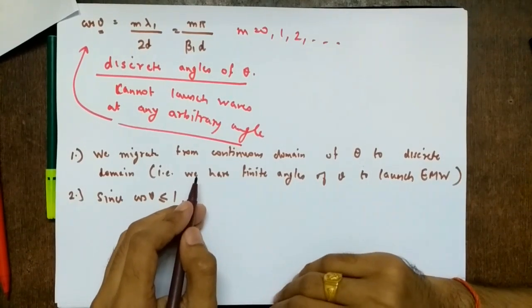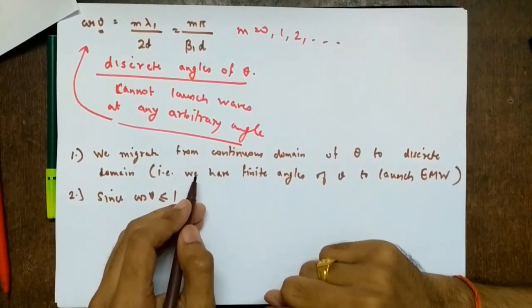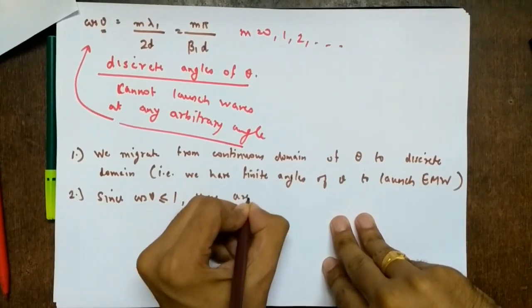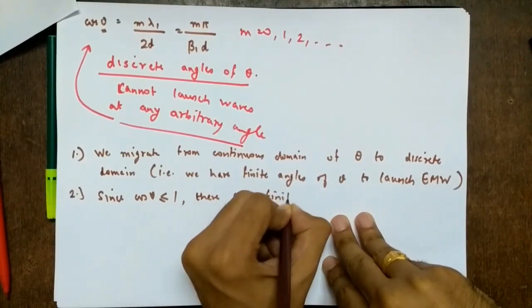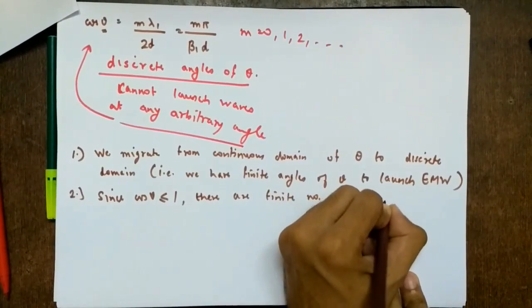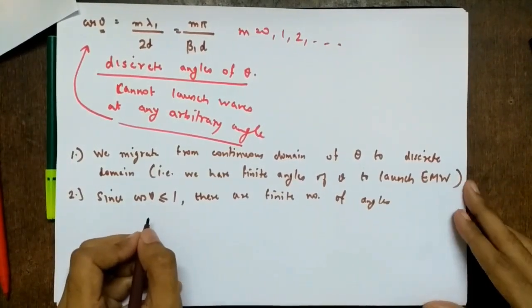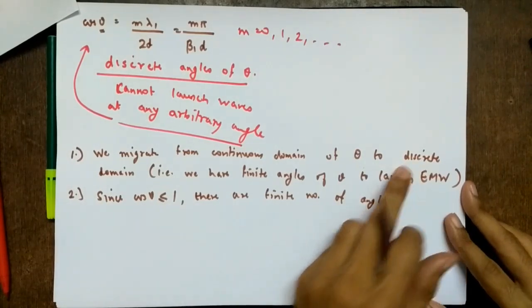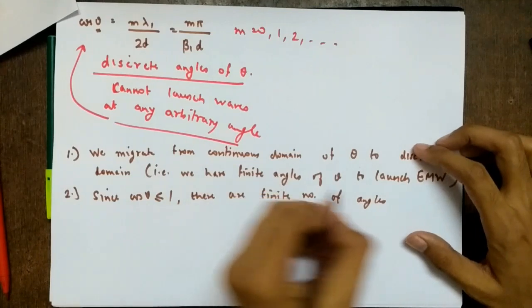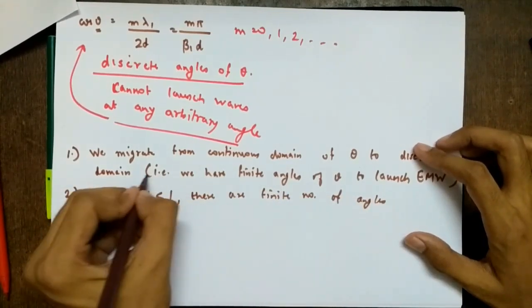Now we say there is a finite number of angles. Earlier we said it is not a continuous domain, but we didn't talk about infinite or finite angles. So this is actually the second point.